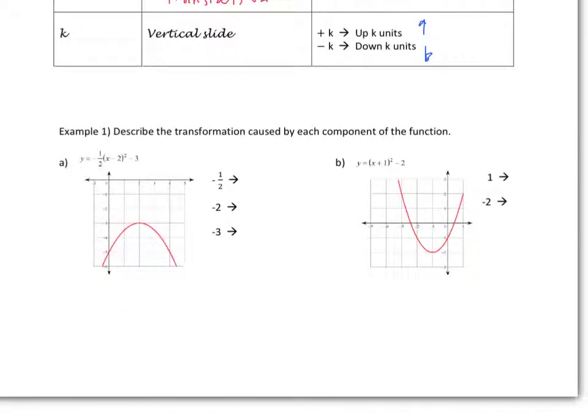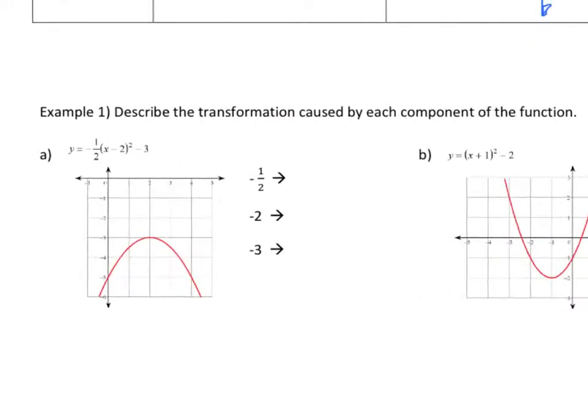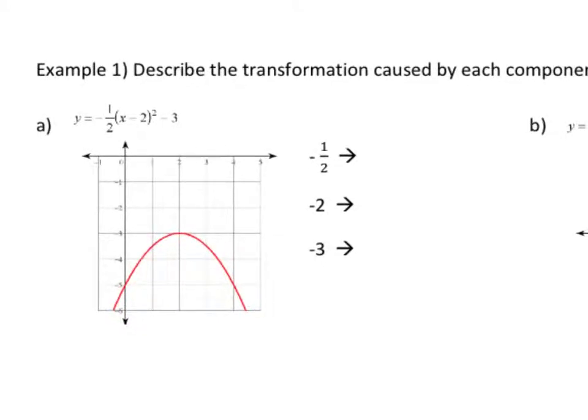or two brief examples, we look at the picture of what we've been given, and describe what is affected by these values. Well, here it's a negative 1/2, which means it's going to open down. And the absolute value is between 0 and 1. So the absolute value of negative 1/2 is 1/2.